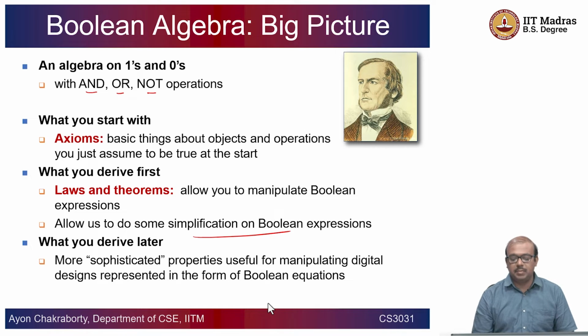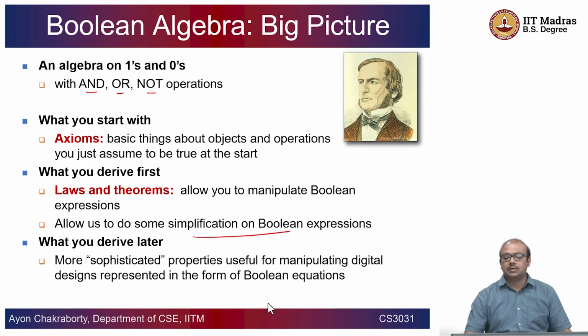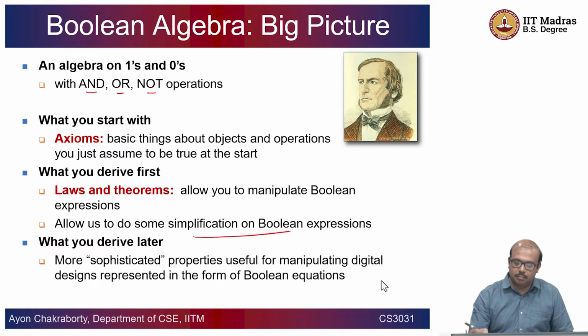Okay, so maybe I give you a circuit which implements a particular Boolean expression. Maybe we will come across a Boolean operation called XOR, right? This Boolean operation is implemented in terms of AND, OR, NOT, right?